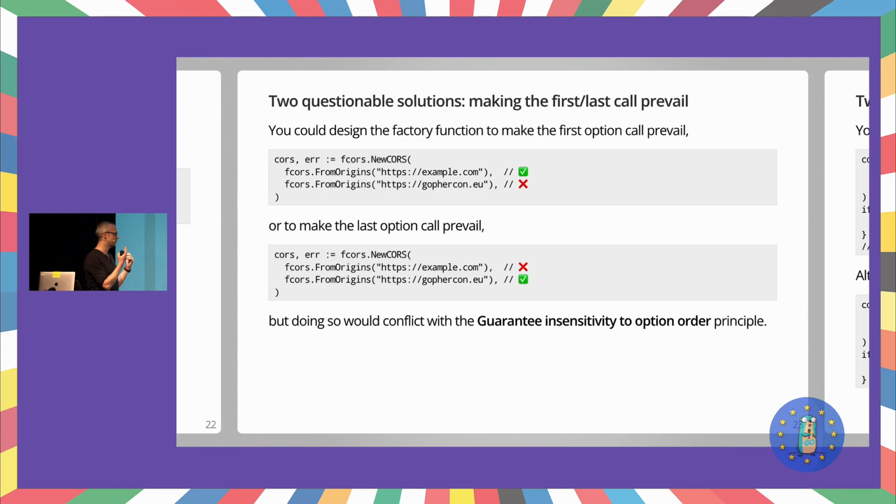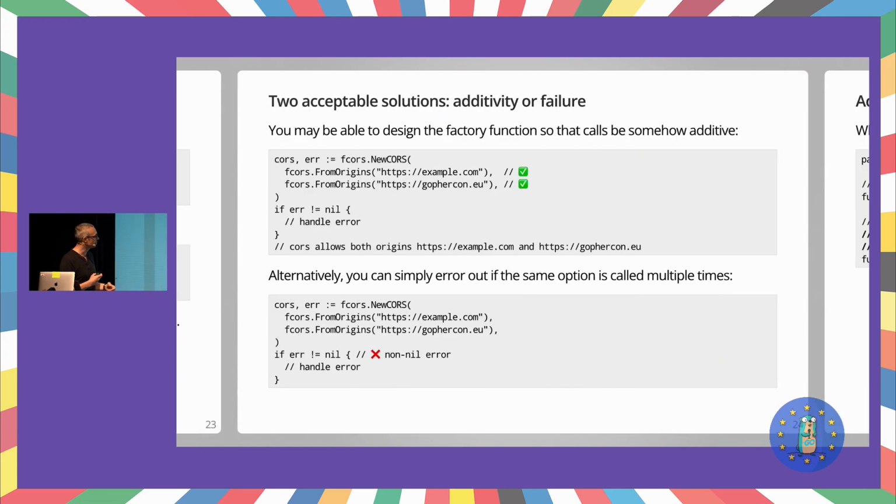So instead of doing that, in this case, we can totally make the calls additive. Here, in the first snippet, it means that both https://example.com and https://gophercon.eu are actually allowed origins in my CORS configuration. That's possible.